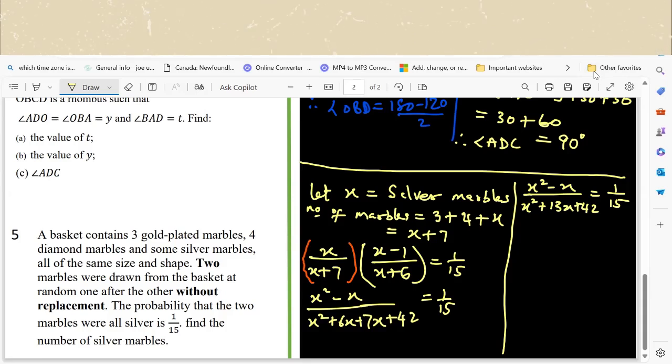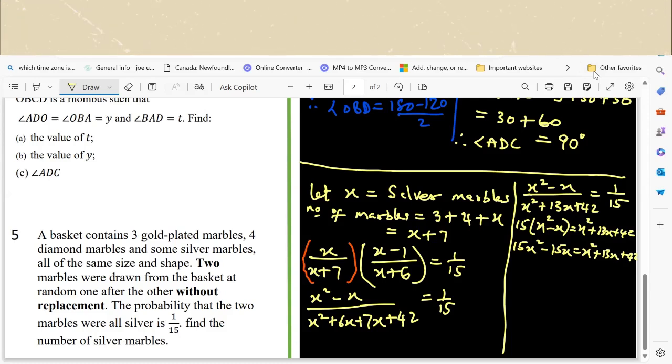So we cross multiply here, we have 15 brackets x squared minus x equals x squared plus 13x plus 42. So this will give us 15x squared minus 15x equals x squared plus 13x plus 42.